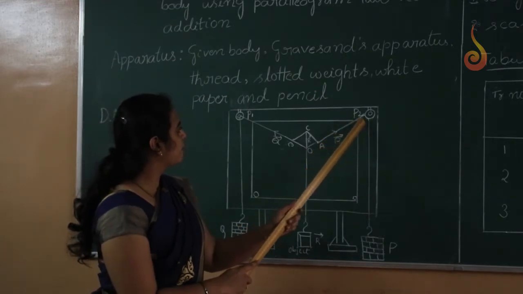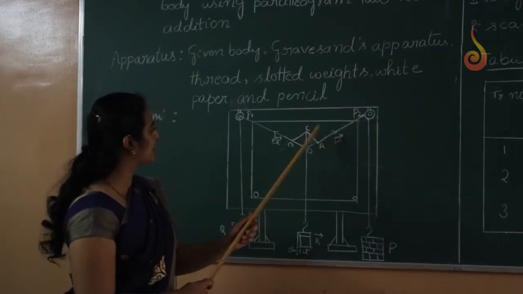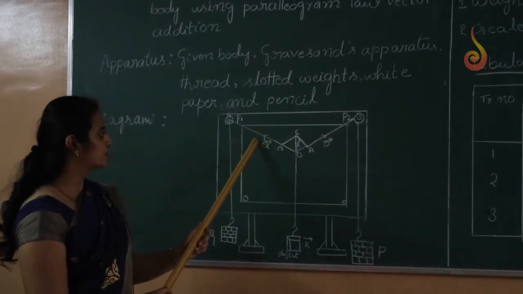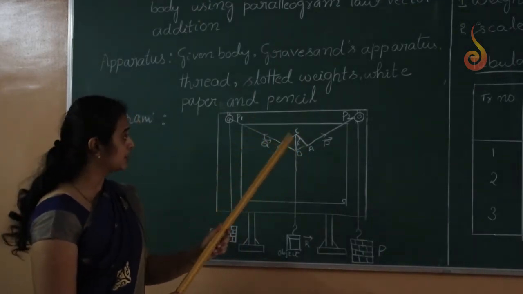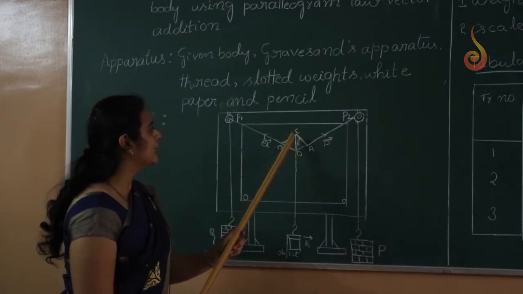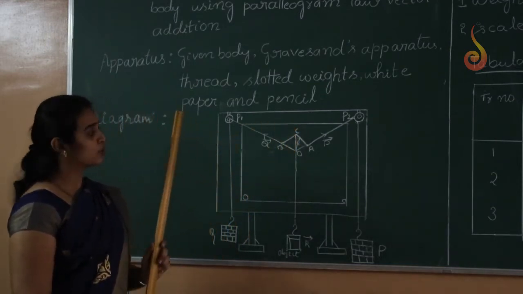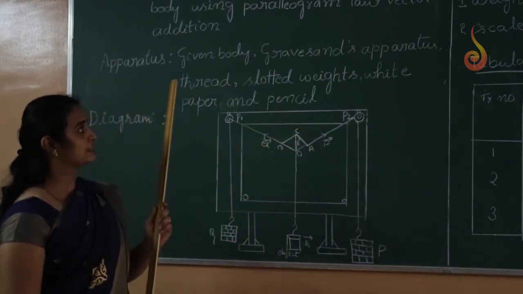Then P is a force vector, and Q is also a force vector. Using this parallelogram law of vector addition, we are going to find out the resultant vector. So this is the experimental setup.